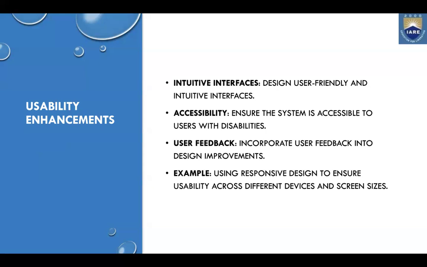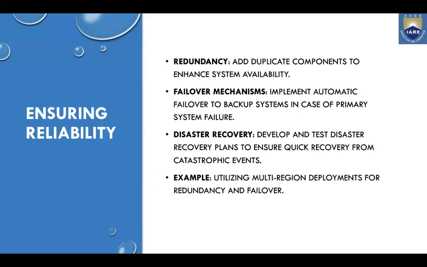This is very important, to get regular feedback from the user so that you may improve your product in the next incremental model, or your next build or next version. Example, using responsive design to ensure usability across different devices and screen sizes.